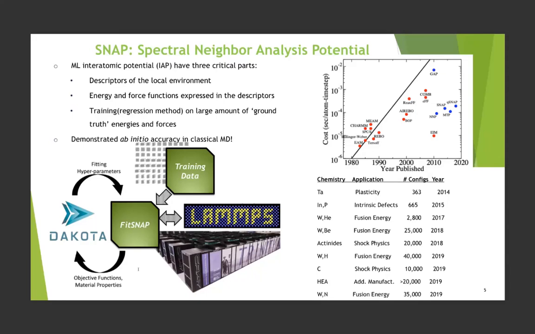On the bottom right there, I've just got a really high-level flow chart of how we fit a SNAP potential. Essentially, it involves taking a large number of small DFT configurations, passing them through LAMMPS to generate a set of descriptors for each configuration, and figuring out what the best adjustable parameters are to match the forces, energies, and stress tensors in the training data for one particular choice of that SNAP potential.